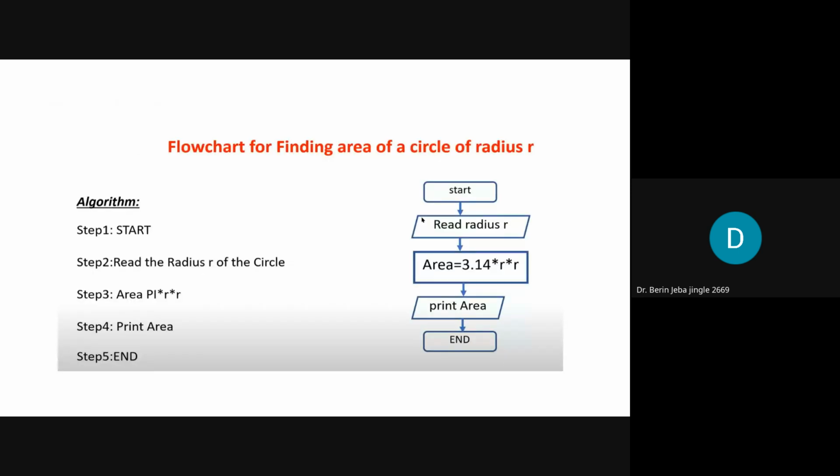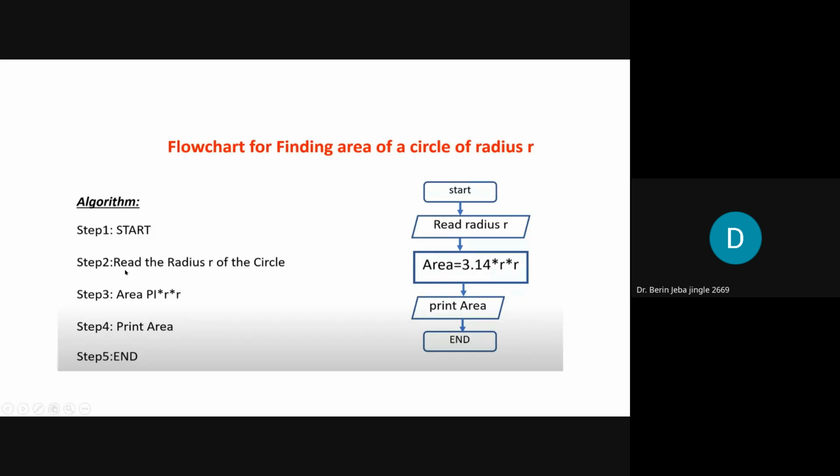For example, we are going to write an algorithm for finding the area of the circle which has radius r. If they are asking a question like this, first of all you start with an algorithm, next you go for the flowchart, next the pseudocode, next the program.